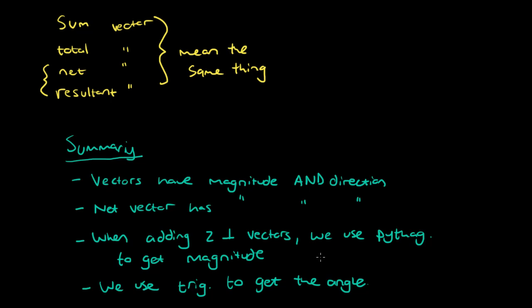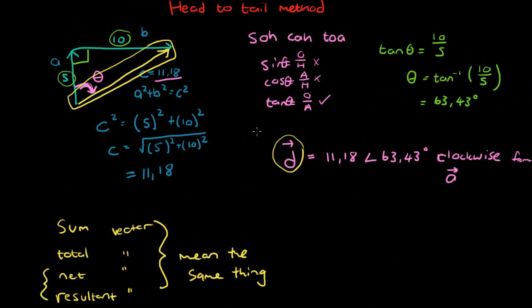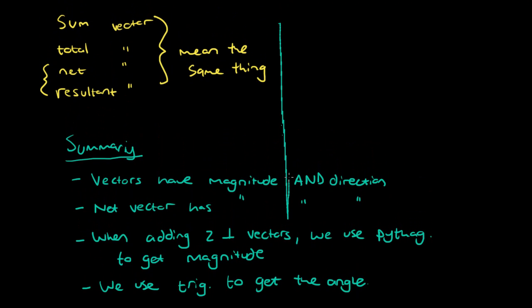Most of the time it will be tan, but you just have to see what sort of vector triangle, which is the sketch, you have. I'm using a term there that you may not have heard. We call this a vector triangle, because obviously it's in the shape of a triangle. So whatever your case is, that's what we'll use, either sine, cos, or tan.